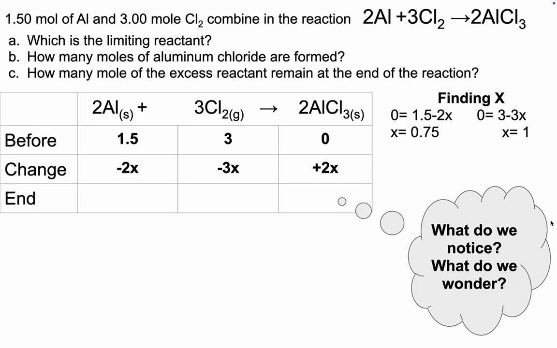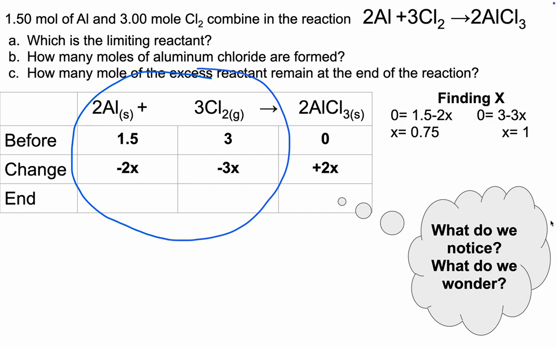So in order to find x, we're going to focus in on this part of the reaction. We know with a limiting reactant problem that one of my reactants has to go to 0. We're going to run out of one of them first. If we run out of both of them at the same time, they are perfectly combined.